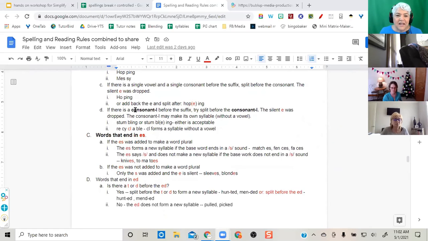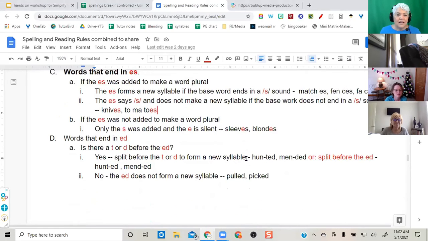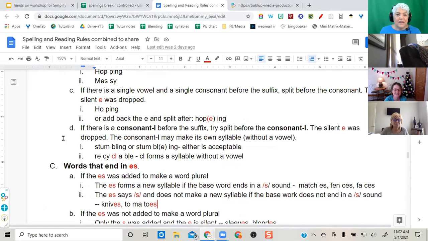Words, if there is a consonant L in front of the suffix, split before the consonant L. The silent E was dropped, and that consonant L was part of a consonant LE syllable. If you look in a dictionary, and if you see this word, I'm going to make this larger. I feel like I'm squinting. Where are we here? Here.